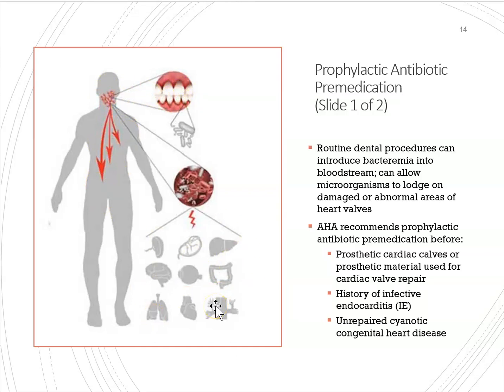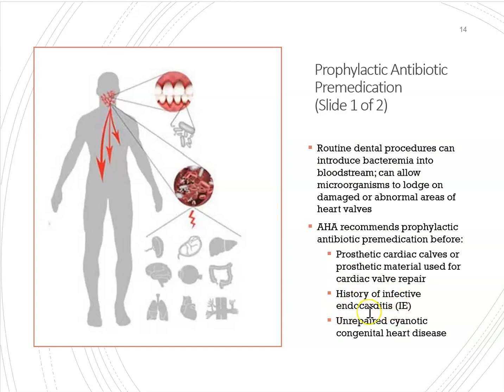So it's really important for us to be mindful that if our client tells us that they have anything prosthetic, so anything man-made that was put into their heart, they probably will need pre-med. If they have a history of infective endocarditis, so infective is like infection, endo is heart, or lining of the heart, endocarditis is an inflammation in the lining of the heart.